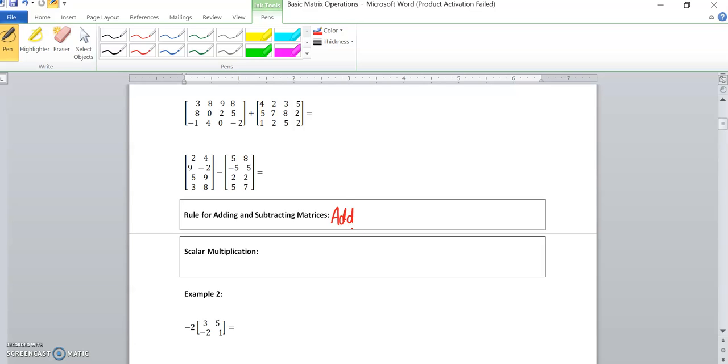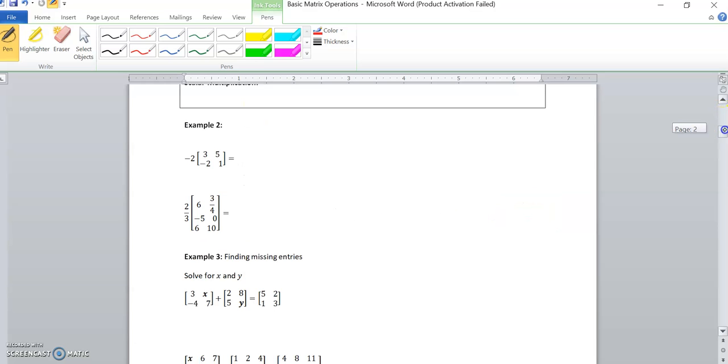If not, just rewind the video and watch the first one. The rule is add corresponding entries. And the big thing to note: matrices must be the same size.